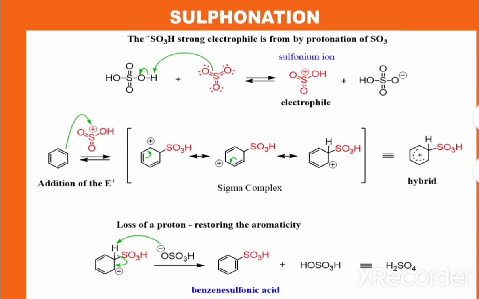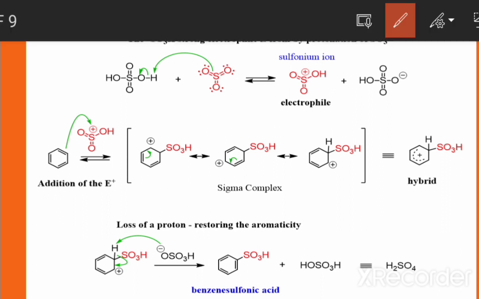In the next step, the sulfuric acid H2SO4 and sulfur trioxide will react with each other, and this sulfur trioxide will take the hydrogen as a proton, attach it to its oxygen and form a positive ion, that acts as an electrophile when it reacts with the benzene ring.